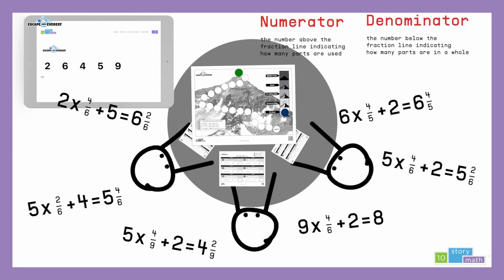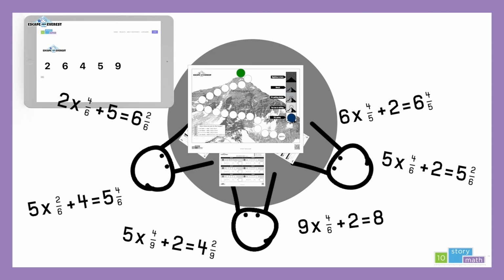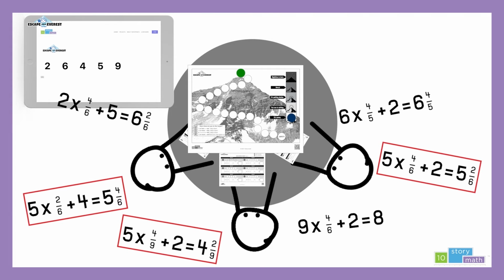In order to start moving that green chip down the mountain, the players must find an equation that is at least 1 or less away from the target number, in this case 5. All of these equations are less than 1 away from the target number. So which equation should this group choose?